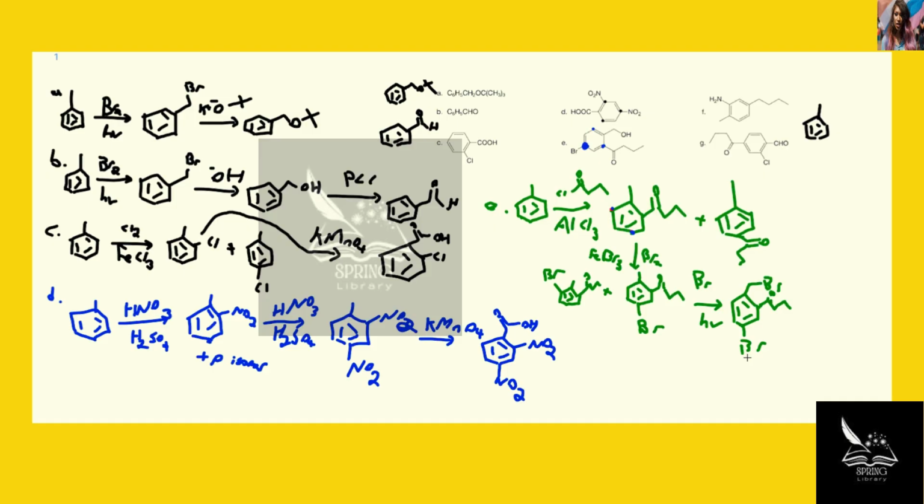And then we'll add a nucleophile being OH minus to do SN2 and yield our product of interest. And that yields our product E. So now for F and G, we'll move on to the next page.